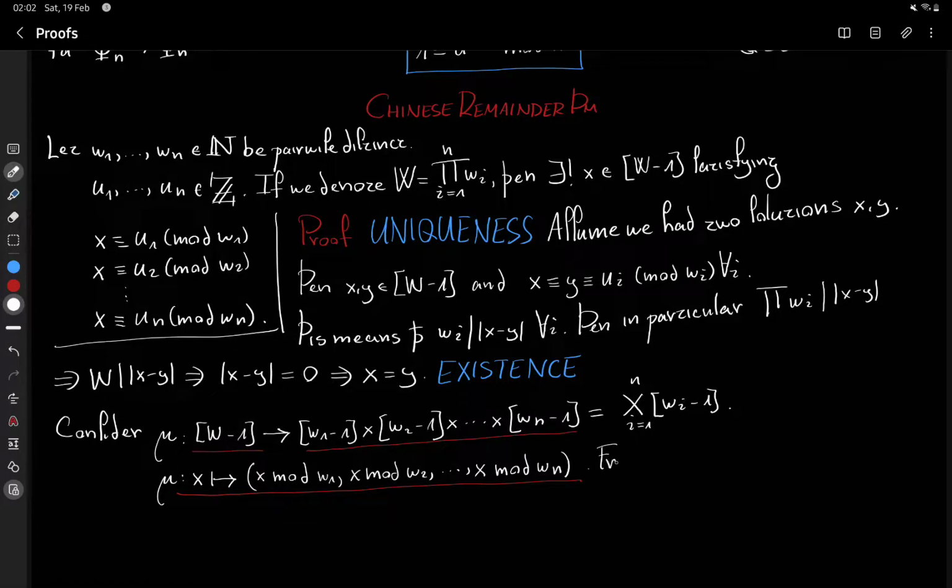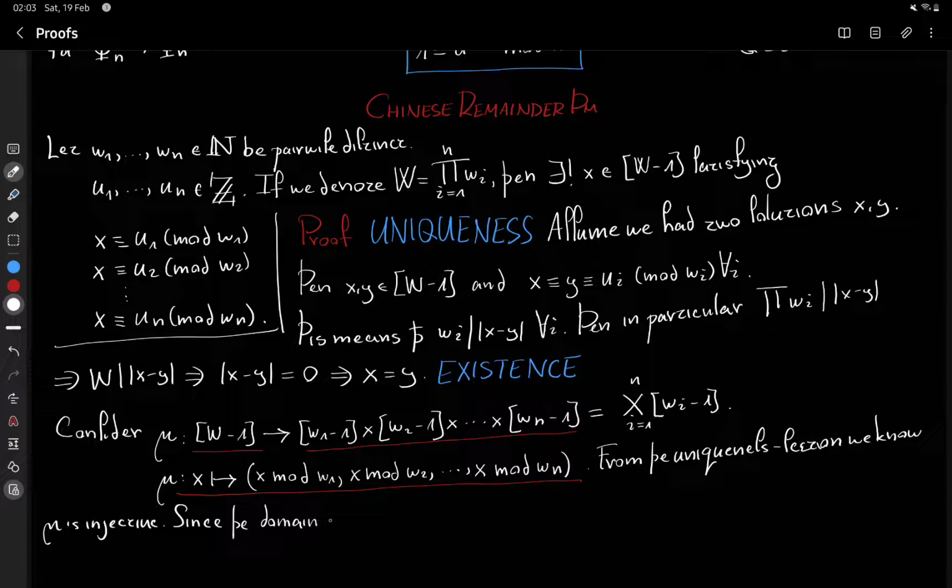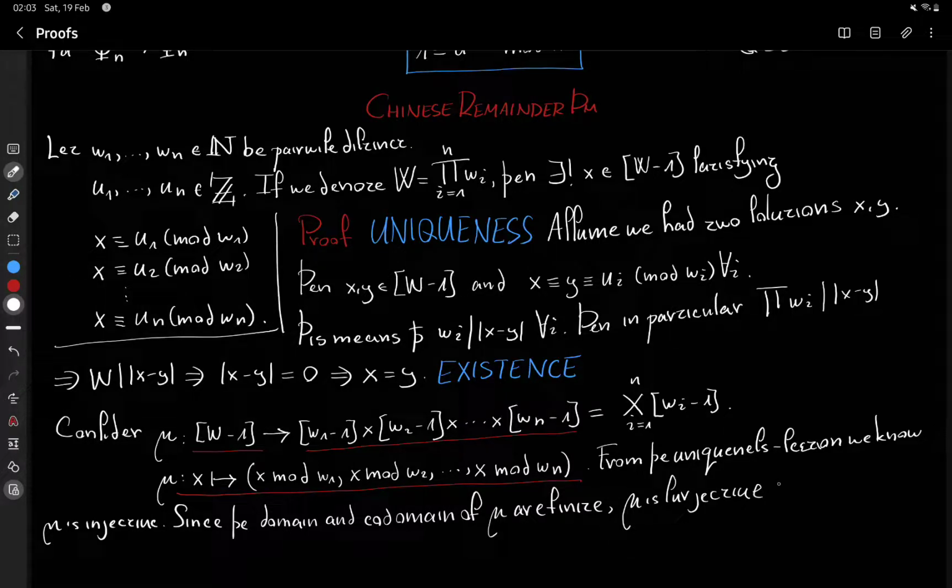So from the uniqueness section, we know mu is injective, since the domain and codomain of mu are finite, mu is surjective, it is bijective.